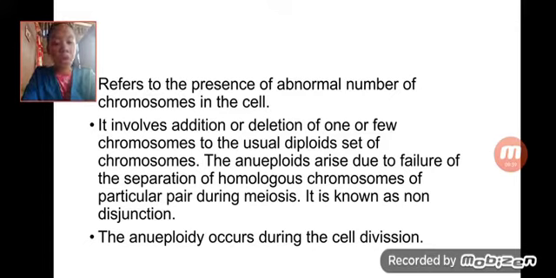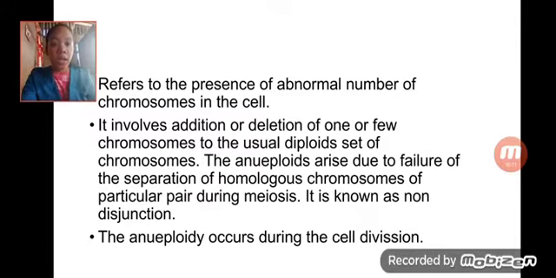If we talk about humans, we know that humans have 46 chromosomes in the cell. This is the normal number. The presence of a higher number like 47, 48, 49, or a lower number like 45, 44, and 43 are abnormal numbers of chromosomes in the cell. So if there are 46 chromosomes in the cell, then a higher or lower number of chromosomes is aneuploidy.